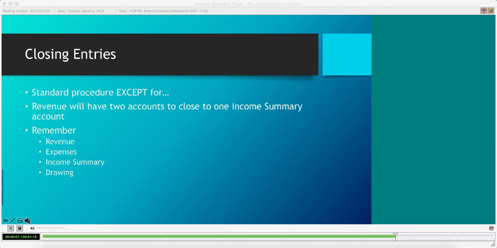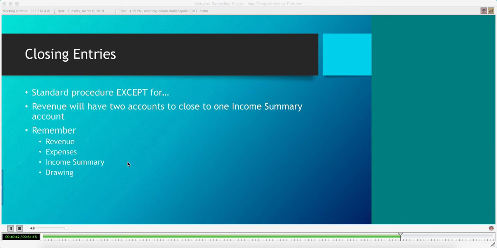Okay, closing entries. Almost have made it through. It usually takes an hour to an hour and a half for this conference, depending on the number of students. Everything is standard for the closing entries. When you close your revenue accounts, you're going to close registration fees and vending commission as well.